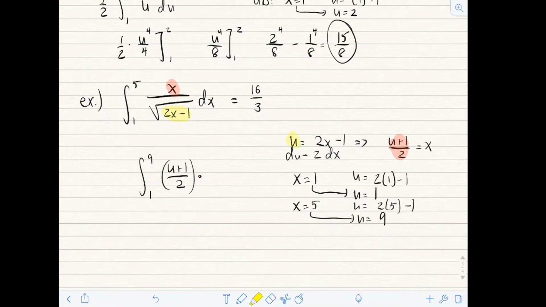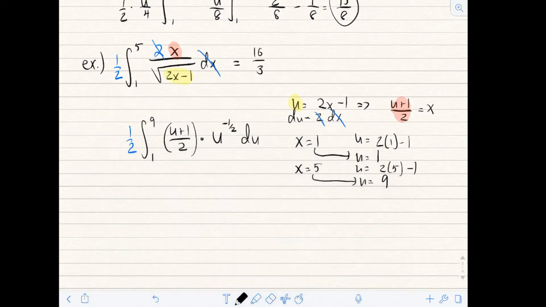Since it's a square root, I can write that as u to the negative 1/2. And then du. I need to make sure I also put a 2 here and then a 1/2 on the outside, because the 2 cancels with that 2, the dx cancels with that dx.